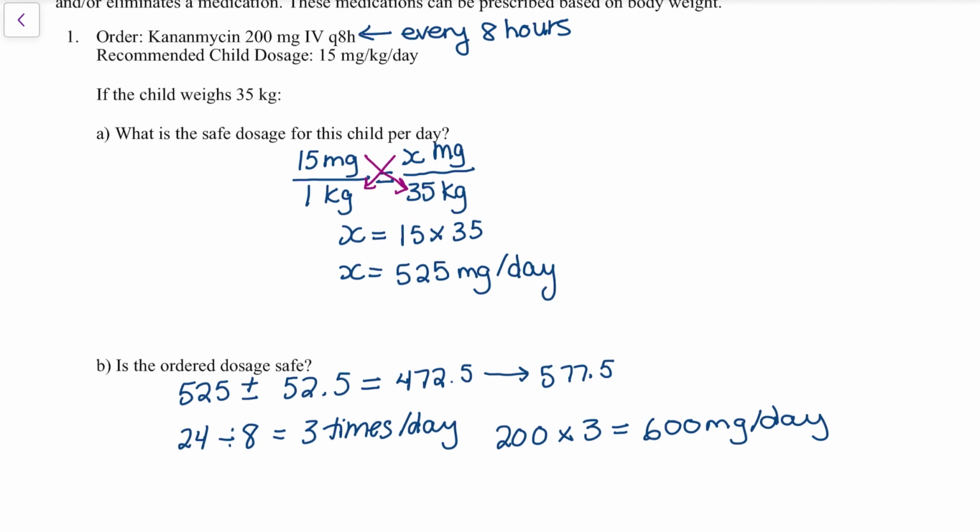So therefore, this is not safe. It is too high. So even with our 10% variance, the order is too high for what that child should get for their weight.